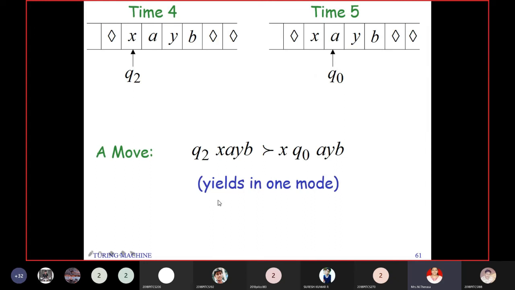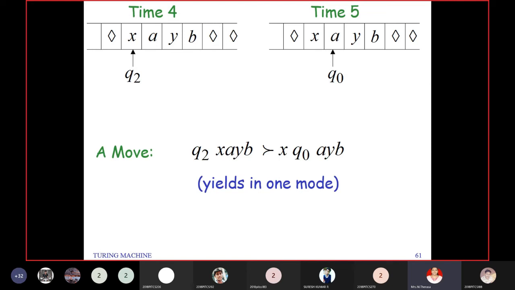Okay, now we'll see. Suppose at time 4, the state is Q2 and it is pointing to X, and you have A, Y, B at the right hand side.